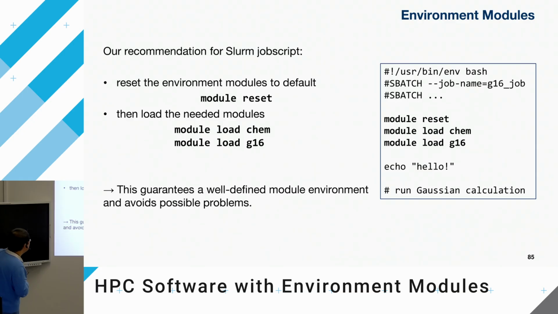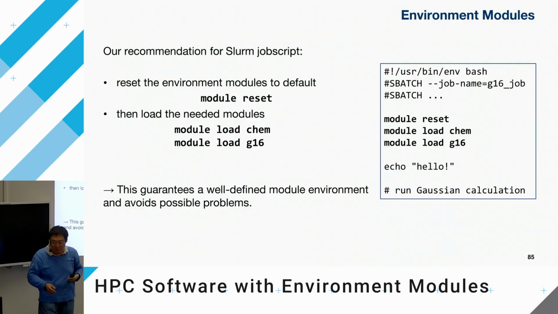And in the last session, we talked about Slurm JavaScript, right? And currently, we move to the part about modules. So what is our recommended workflow for this whole procedure? Our recommendation for you is, when you write or prepare a Slurm JavaScript, first, you reset the environment modules to default by using module reset, so that you will have a clean environment.